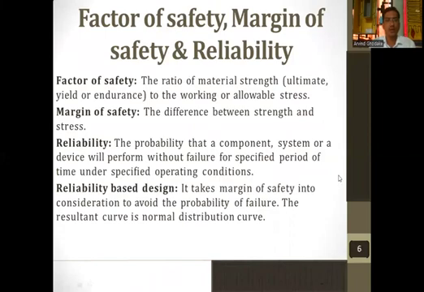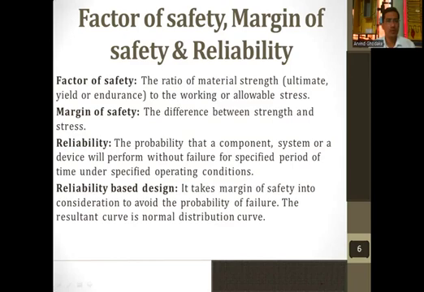Next is the factor of safety, margin of safety, and reliability. The factor of safety is nothing but the ratio of material strength, that is, ultimate, yield, or endurance strength, to the working or allowable stress. It is denoted by NF, FS, or FOS, and it is a unitless quantity.